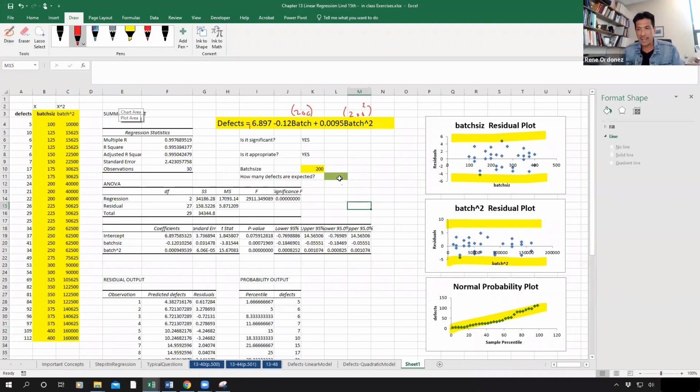Okay, so let's apply that formula here. Equals 6.897 minus 0.12 times 200. Or if you want, instead of saying 200, let's pick that up here, K10, plus 0.0095 times K10 raised to the power 2.